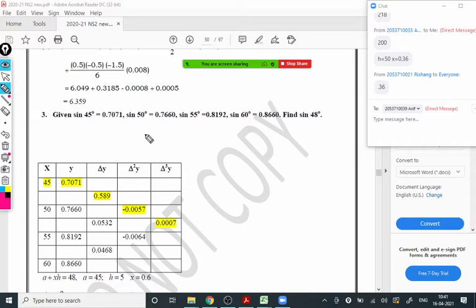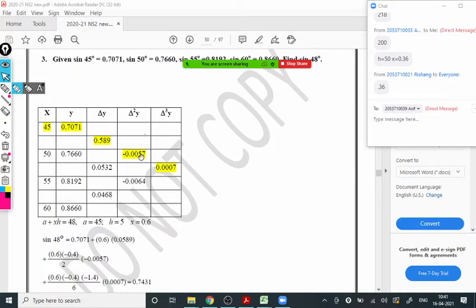On a calculator, just press sine 48 in degree mode, and you get the answer. And you should get the same answer, or approximately equal to it, by finite differences. Here, by the method of interpolation, we are calculating sine 48 even though we know the function. That's the only difference.